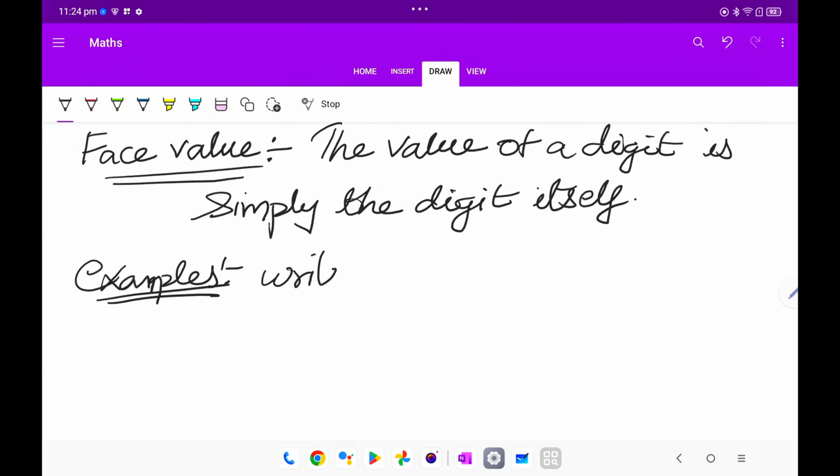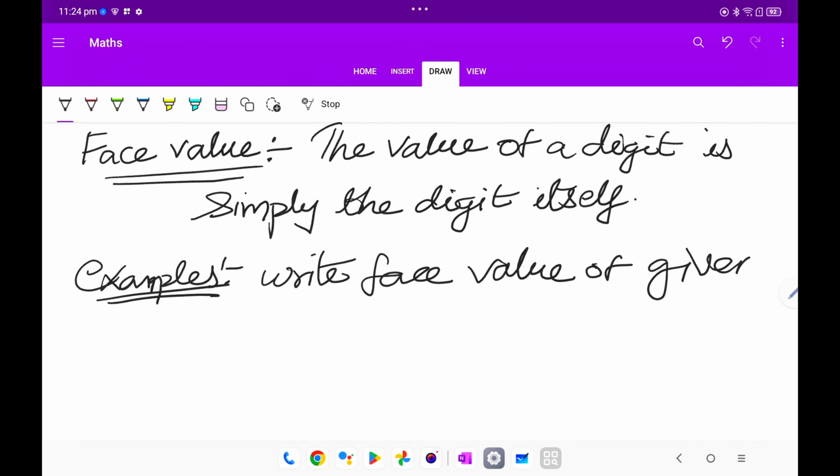Right, find the face value of a given number. They will give a number like 47. Let's see one example. There will be a small dash, an underline, on the first digit or might be on the second digit.